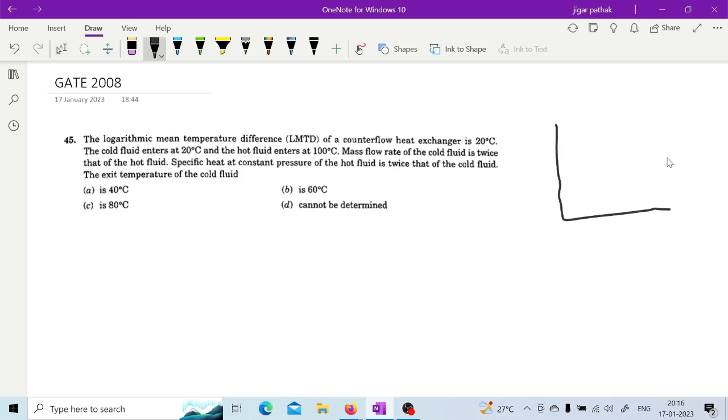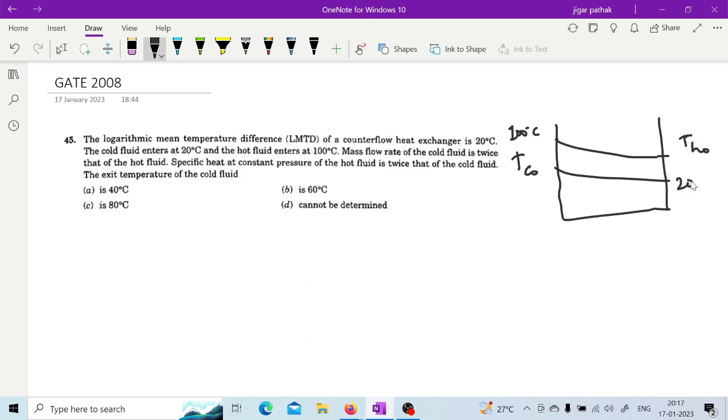You are having this counterflow, right? So for hot fluid and cold fluid you will have it like this. You are having 100 degree to this TH out. Here there is TC out, right?